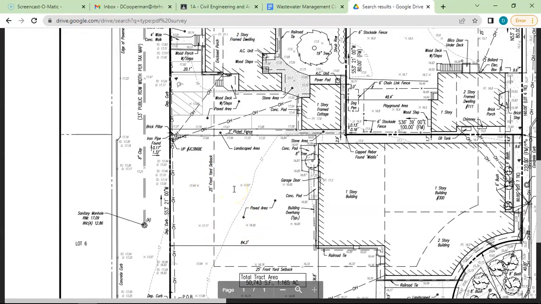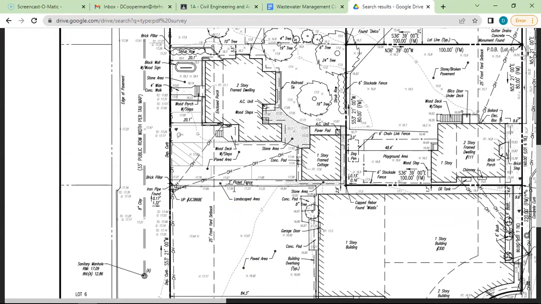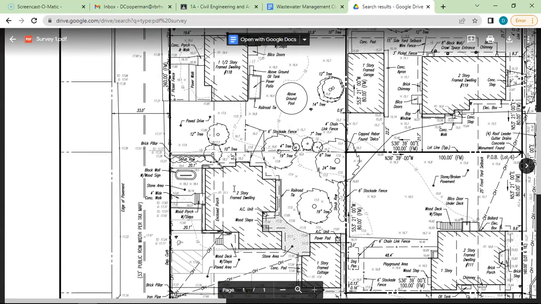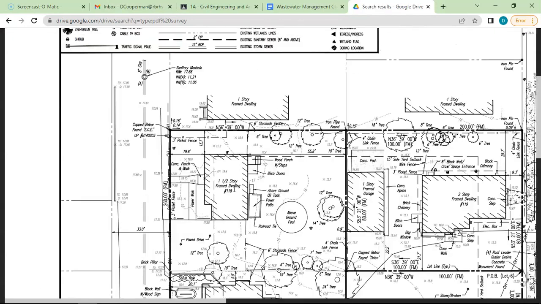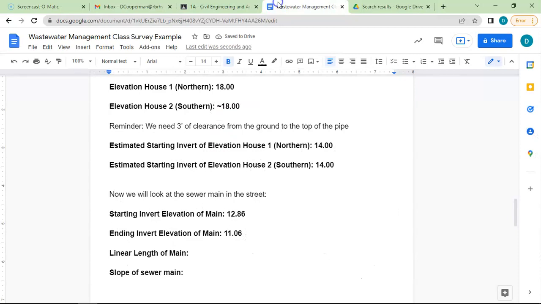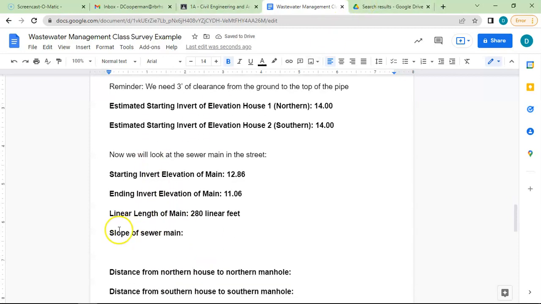Obviously, if you had real technology in front of you, you could do a little bit more. It looks like it's probably around, let's just say 280. That could be way off. It doesn't really matter for the sake of this project. 280 linear feet.